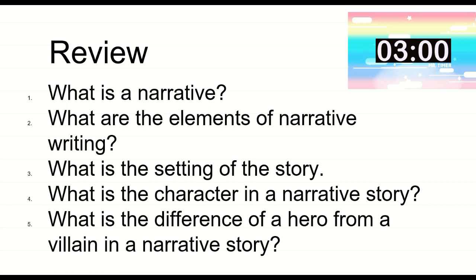Number 5. What is the difference of a hero from a villain character in a narrative story? So if your answer is letter C, a hero is a main character who is also a protagonist or the good guy, while the villain is an influence character who is also an antagonist or the bad guy.